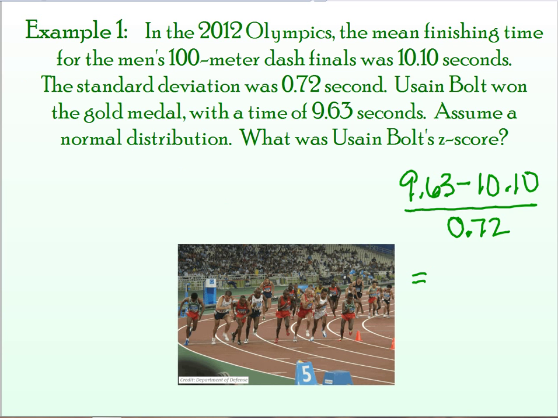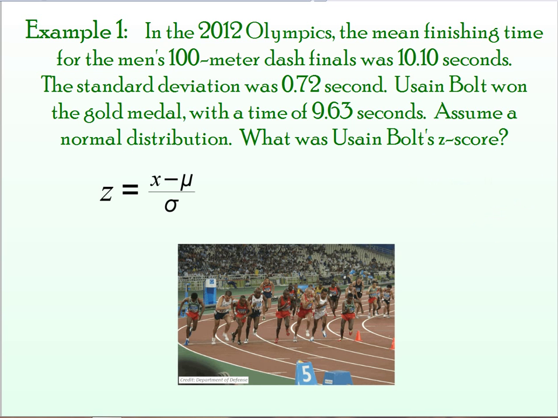So getting that job done requires me to remember the formula, plug in my values. You always want to solve what's on top, or in the numerator of your fraction, before division. So I'm going to do 9.63 minus 10.10, hit equal, before I divide by 0.72.